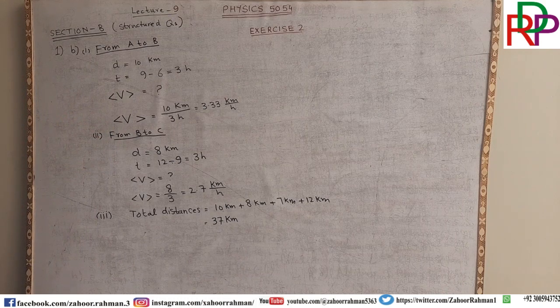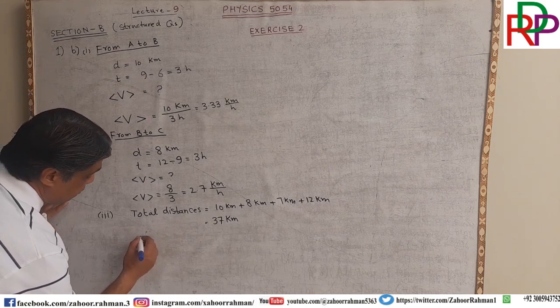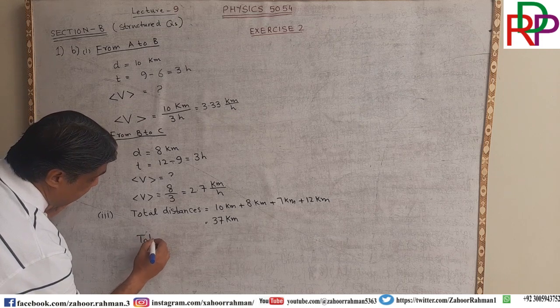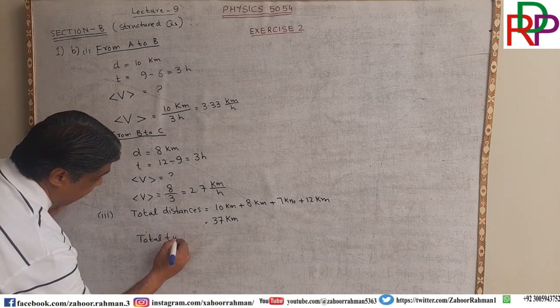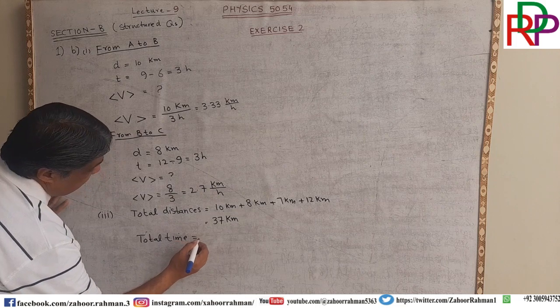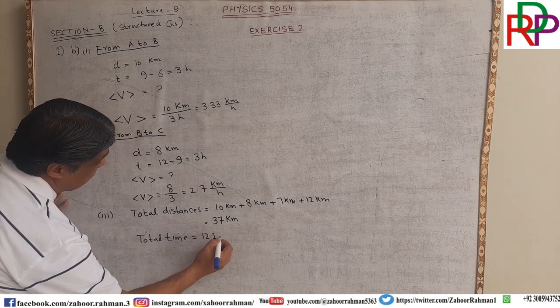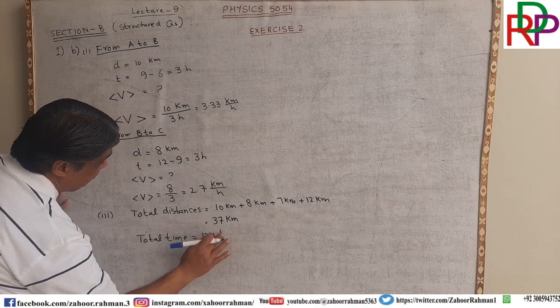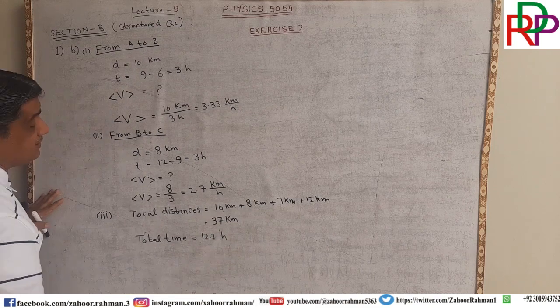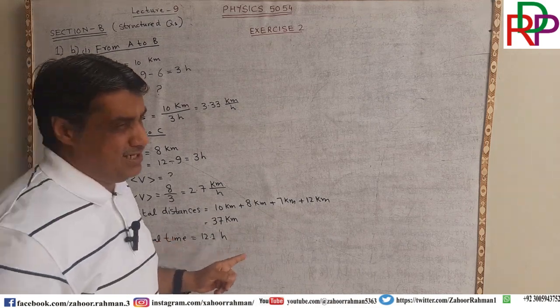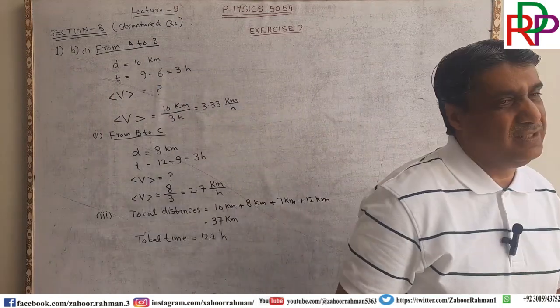Now we have to find the total time taken by the cyclist. That is a technical point. So total time taken is equal to 12.1 hours. That is the technical point. Why not 12?